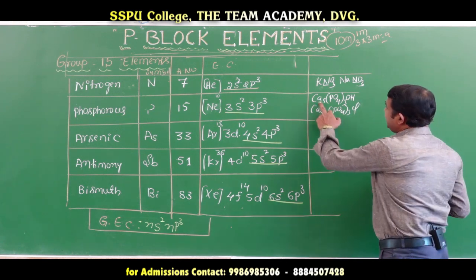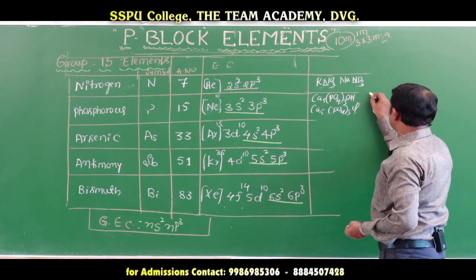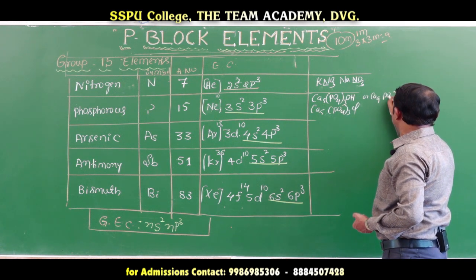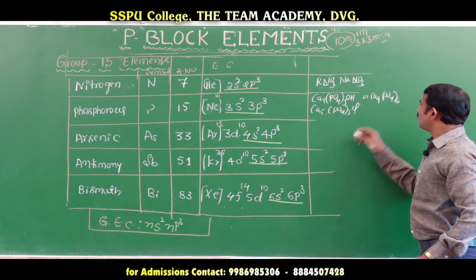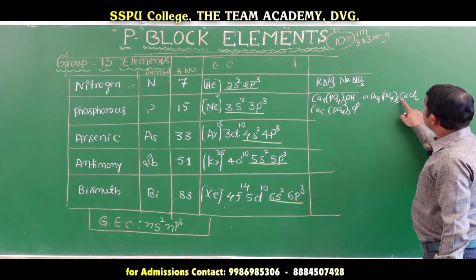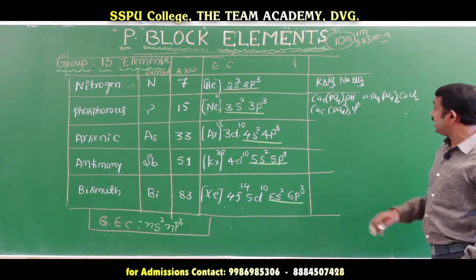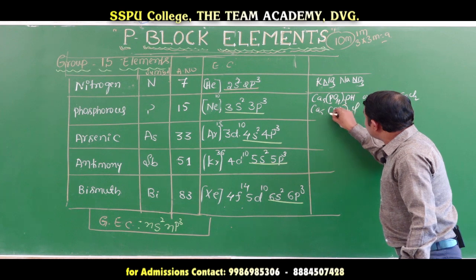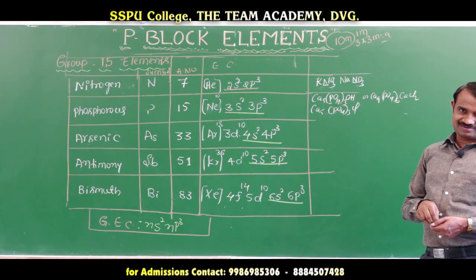We can write it as Ca9(PO4)6 with CaCl2 meaning chloroapatite, CaF2 meaning fluoroapatite, and Ca(OH)2 meaning hydroxyapatite. Here the phosphorus element is present.